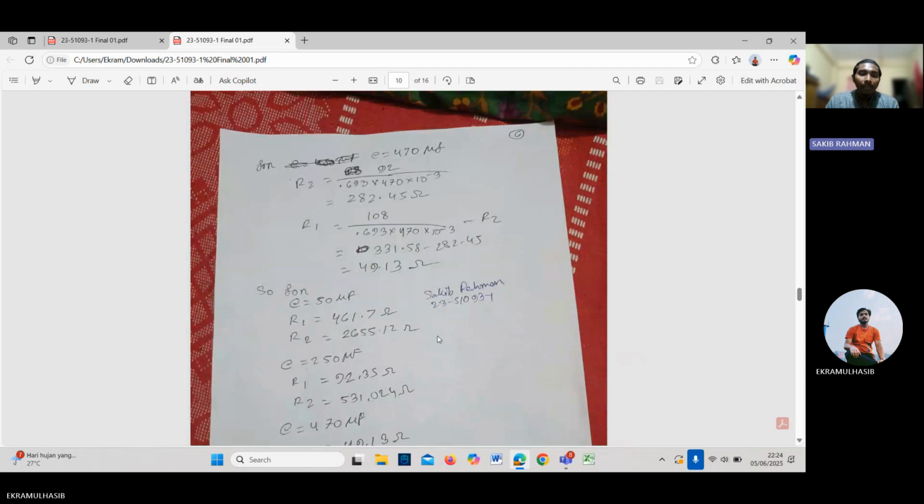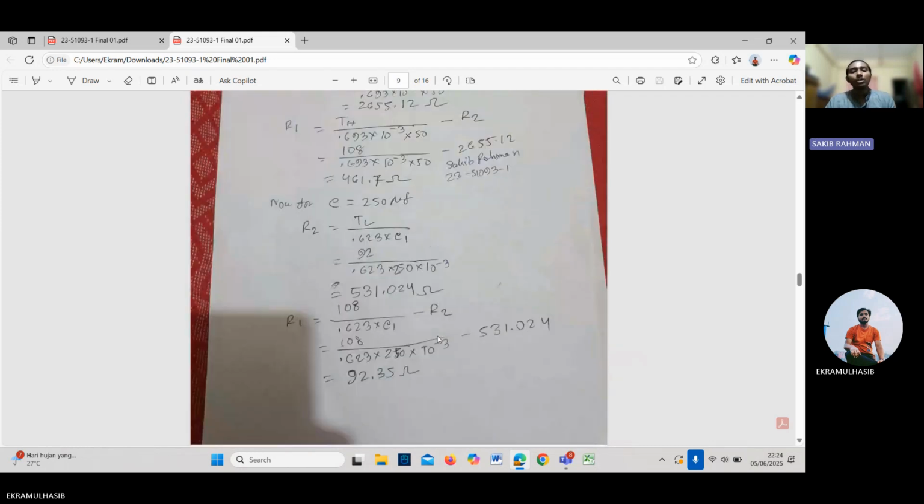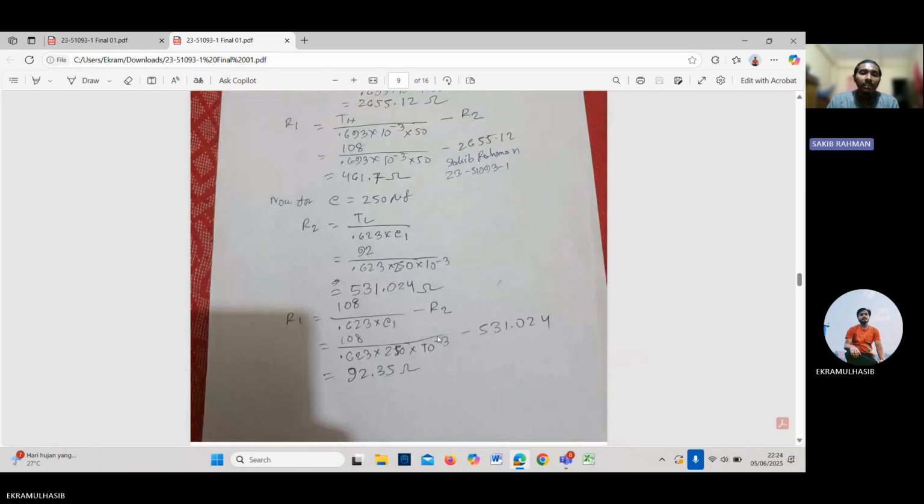Microfarad, farad. For the capacitor 250 microfarad, R2 I got 531.02, and R1 is 92.35 ohm.